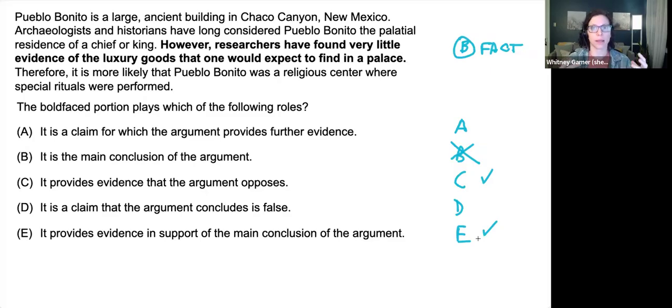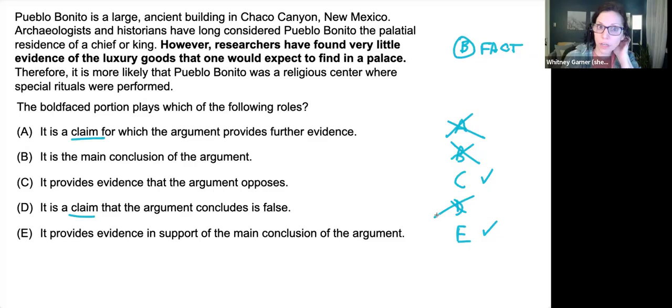What does claim imply? If I claim that something is true, is that me stating it as a fact or as a belief? What do y'all think about the word claim? Yeah. So claim is another word for belief. And because this is a fact, we can actually get rid of A and D as well.